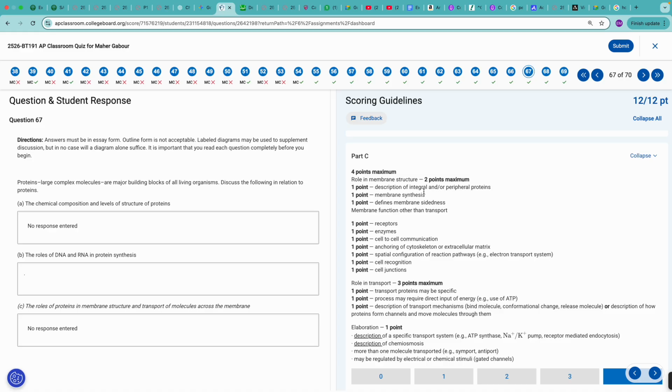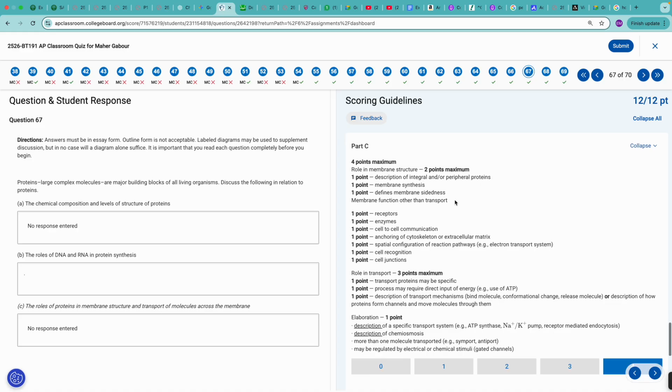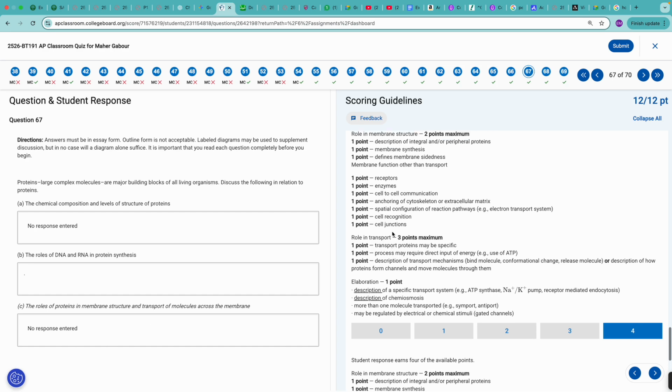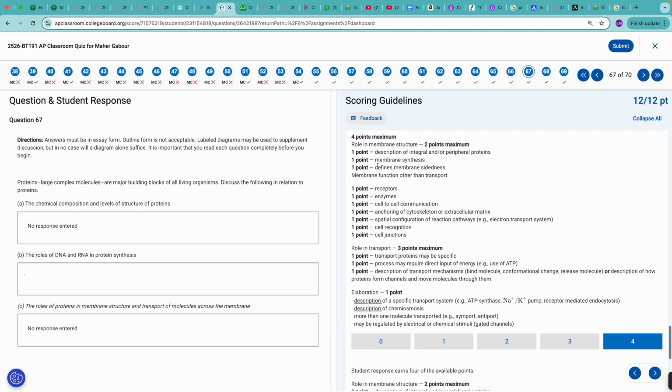You can say integral membrane proteins, and you can say receptors as well, or cell recognition, or cell-to-cell communication because of the cell signaling. Just say receptors and integral membrane proteins. You should be fine. One point for receptors and one point for membranes.